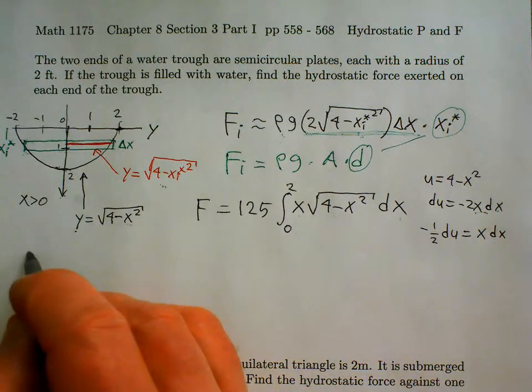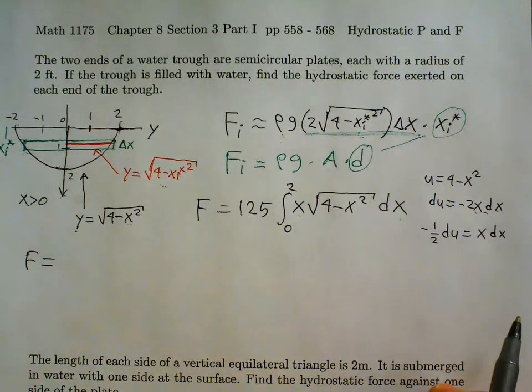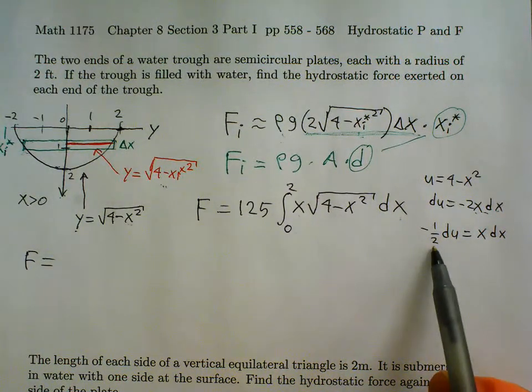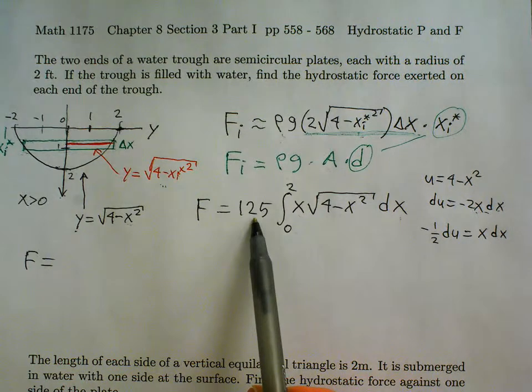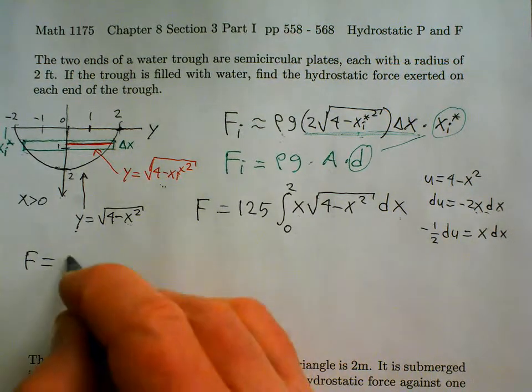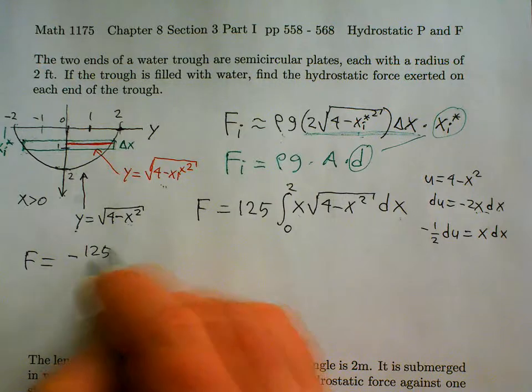Okay, so we'll bring the constant negative 1/2 out front and multiply it by 125. So we get negative 125 over 2.